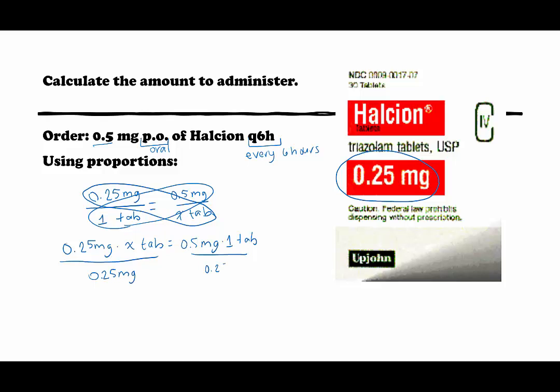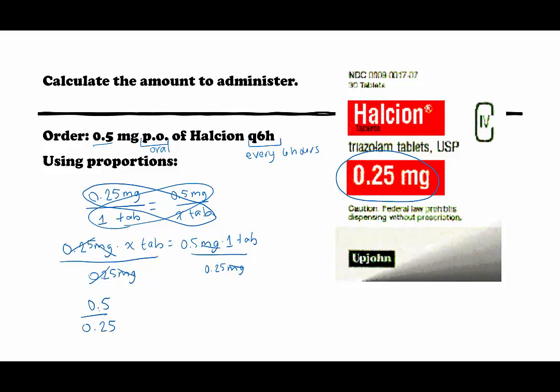And when we do this, we just want to make sure that units cancel. So here the 0.25s cancel and the milligrams cancel. Here the milligrams cancel with the milligrams. What we're left with is 0.5 times one tablet, which would be 0.5, divided by 0.25. So what's 0.5 divided by 0.25?